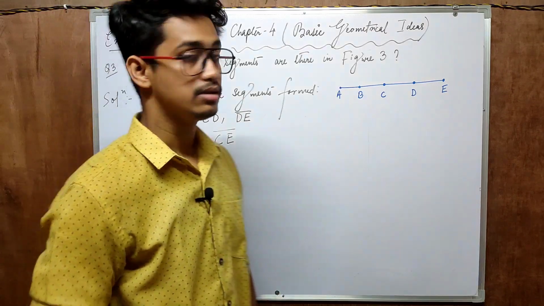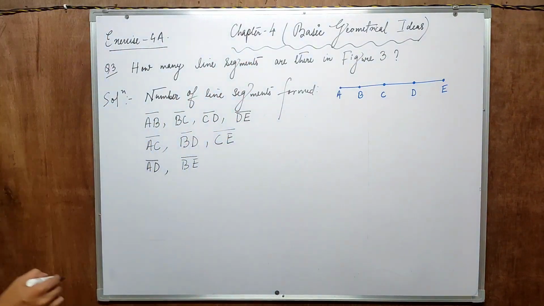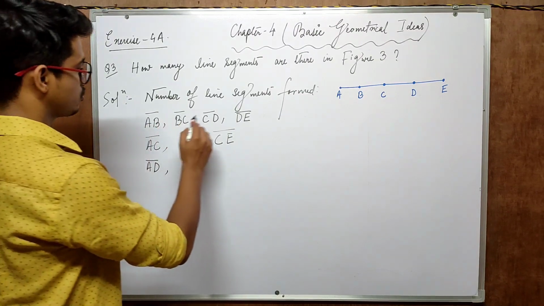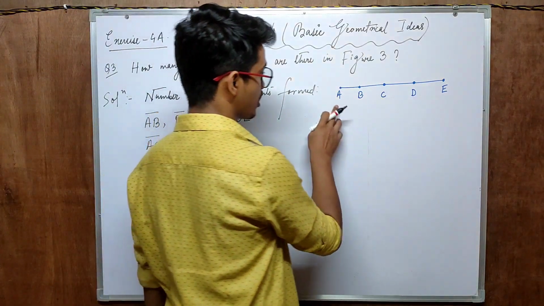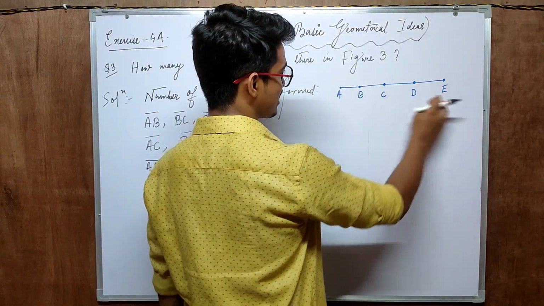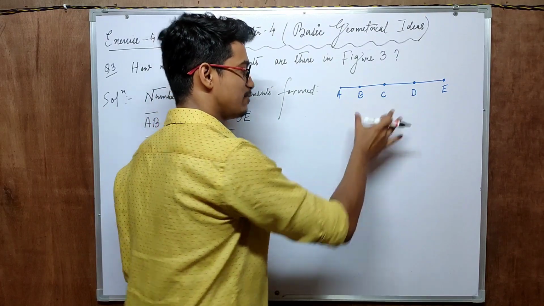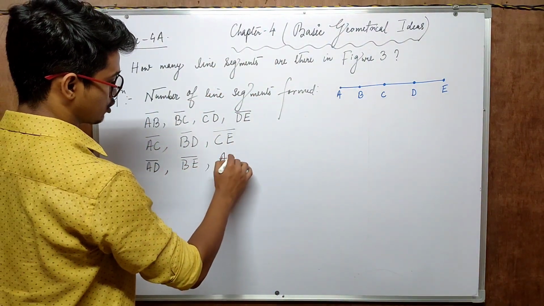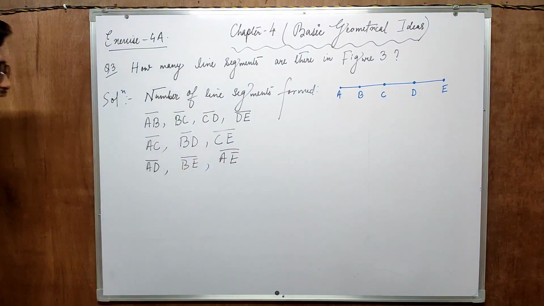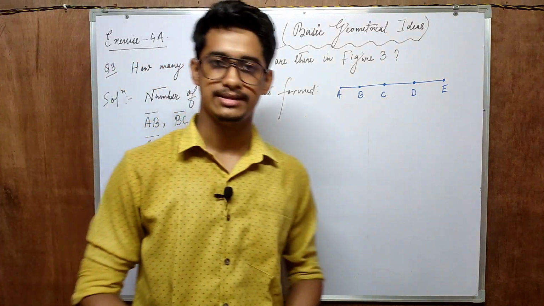Right? Is it clear? Okay, fine. So how many line segments have we formed right now? 1, 2, 3, 4, 7 and 9. Last but not the least, the last pair, A and E. In between A and E 3 points are there, so that will be the last one. So in total we got 10 line segments.